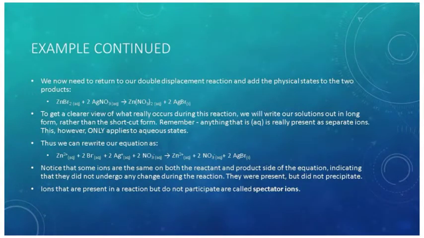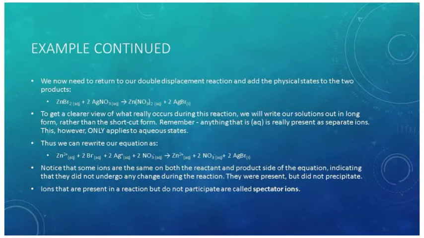All right, we now return to our double displacement reaction and add the physical states to the two products. At the end there, we have the Zn(NO3)2. Remember, all nitrates are aqueous, so it's going to stay aqueous. And the silver bromide is a solid because it forms the precipitate.